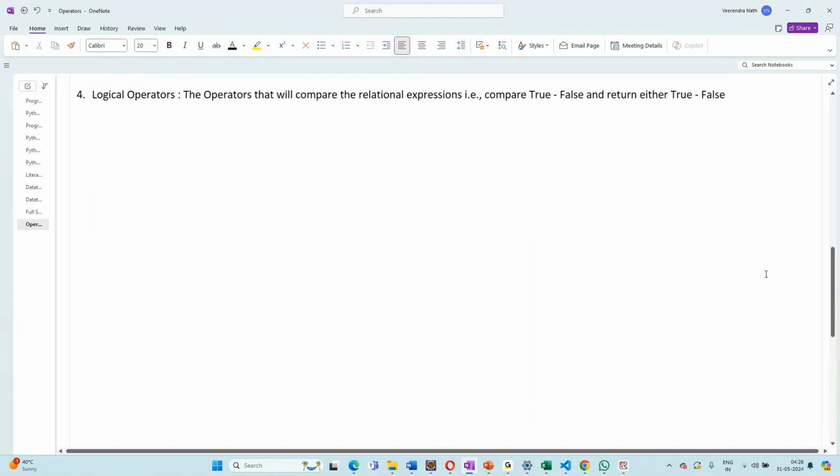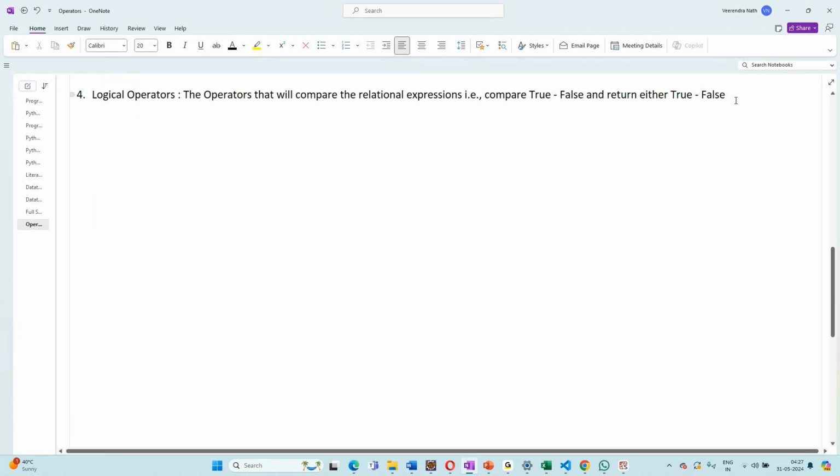Whenever we say logical operators, they are the operators used for comparing true and false, and they will again return true or false only.